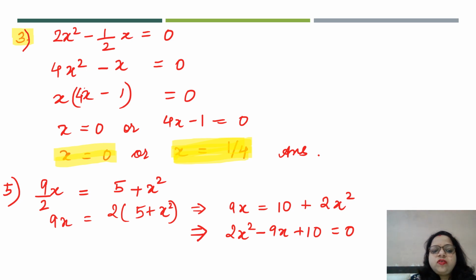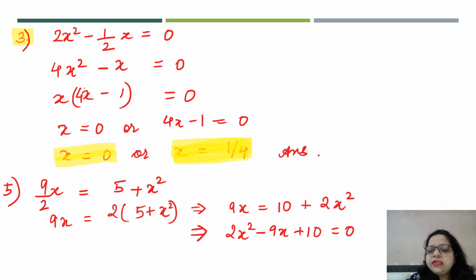Now coming to the fifth question, children. 9 by 2x is equal to 5 plus x square. So we will take 9x on the left hand side and multiply 2 on the right hand side to 5 plus x square, which will give us 9x is equal to 10 plus 2x square.